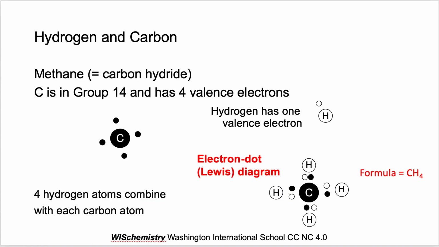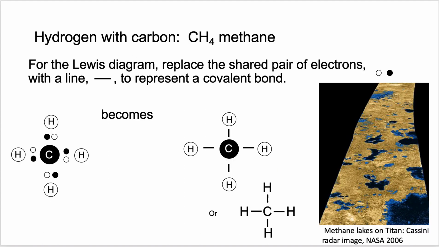So here in the diagram, the bottom right, you'll see that indeed there are 4 around there, and the formula will be CH4, and each covalent bond is made up of 1 electron from the valence shell of a hydrogen atom and 1 of the electrons in the valence shell of the carbon atom.